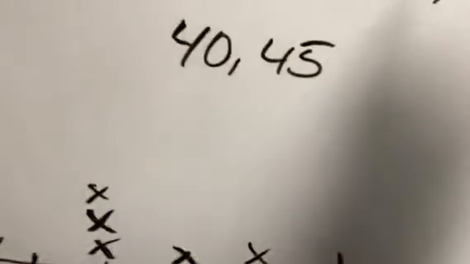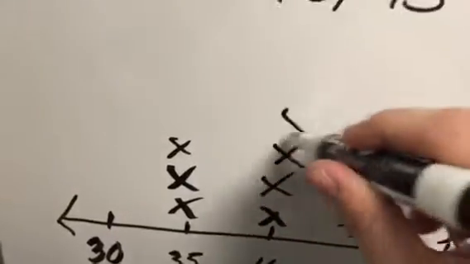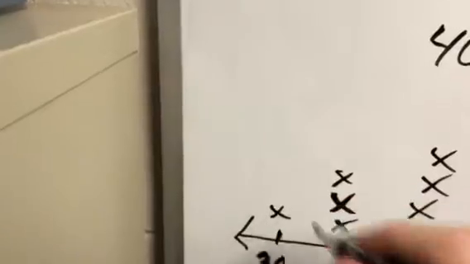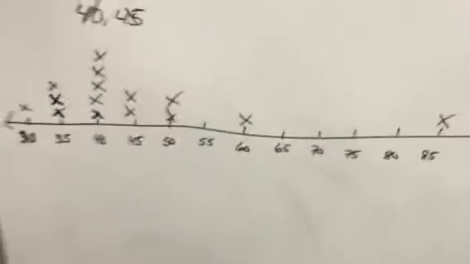Another one at 35. Another one at 50. And then three in a row at 40. 1, 2, 3. Another one at 30. Well, first one at 30, sorry. Then another one at 40. And one at 45. So that's how I do this chart.